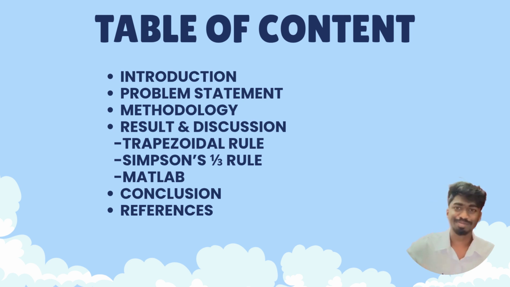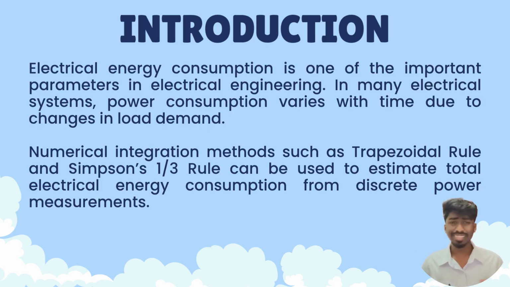Okay, basically to kick things off, let's look at the background of our study. In electrical engineering, tracking electrical energy consumption is crucial for understanding systems effectively and managing load demands, which constantly change over time.